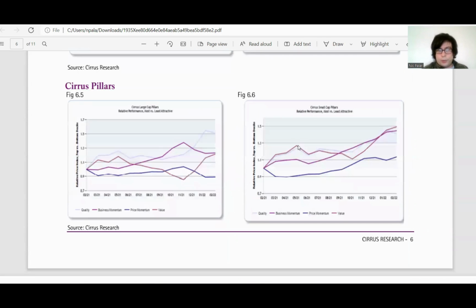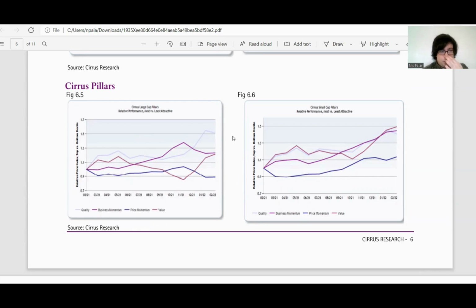To take another example with pillars, looking at the large cap pillars, quickly eyeballing this chart, you can see quality was the top performing pillar of our four composite factors, outperforming the large cap benchmark by about 50% since last February.